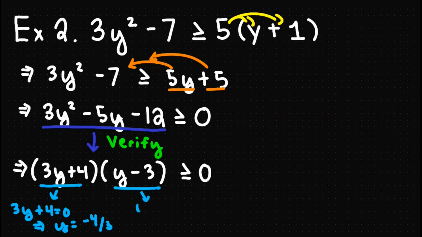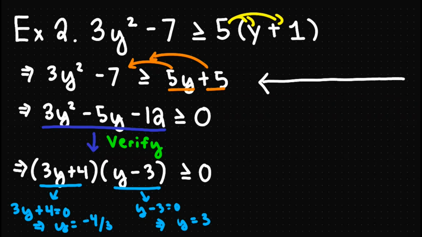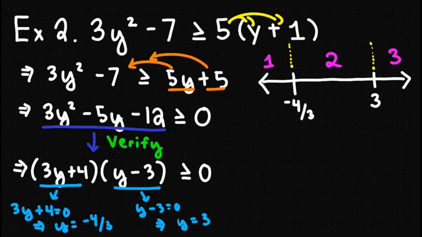For this one, y minus 3 equals 0, or y equals 3. So plotting these points on our number line, we've got here 3, and here negative 4 over 3, somewhere around there. And again, we'll divide this into 3 regions: region 1, region 2, region 3.